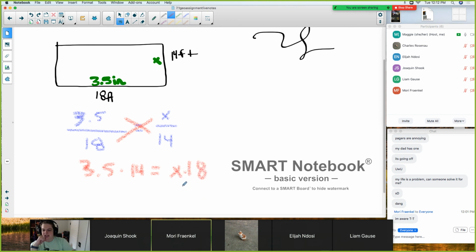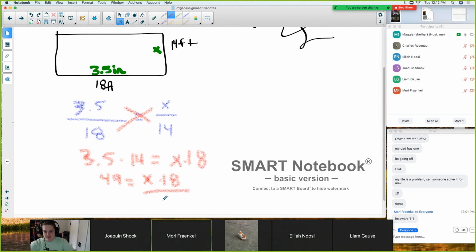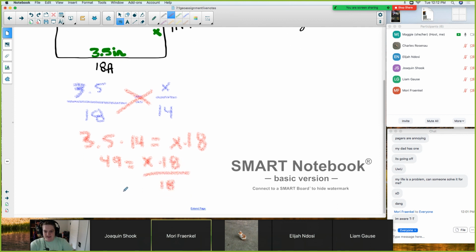And so what is 3.5 times 14? Don't know. 49. So apparently we've got 49 equal to x times 18. Oh, I think we're going to get a decimal here. And so if we divide by that 18 that's sitting there, 49 divided by 18 is 2.72 repeating.